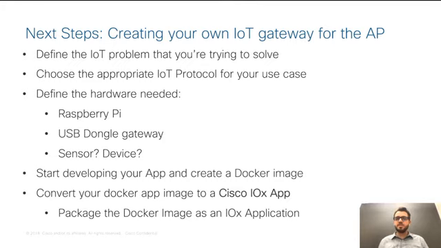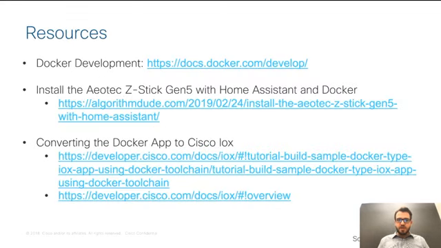This is the only proprietary part of that. You have to go to the Cisco documentation, but this is a two-step process, super simple. So here are some of the resources that I used to build this presentation for you: Docker development. I'm sure that many of you are already aware of how to develop using Docker, but here's the link for the documentation.